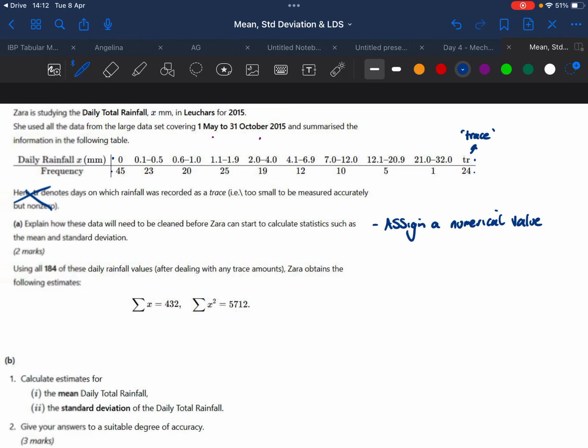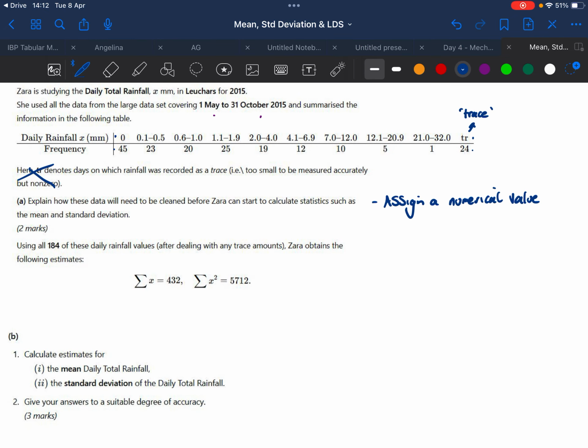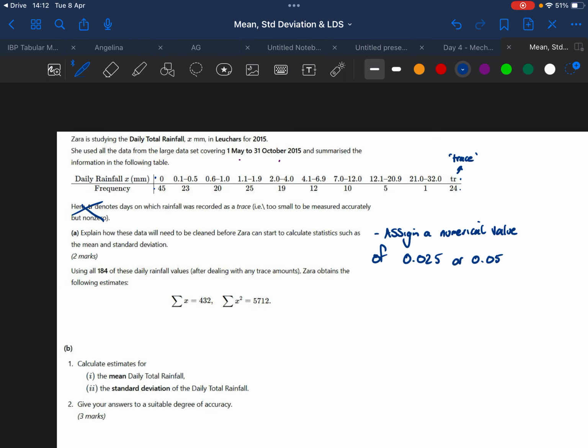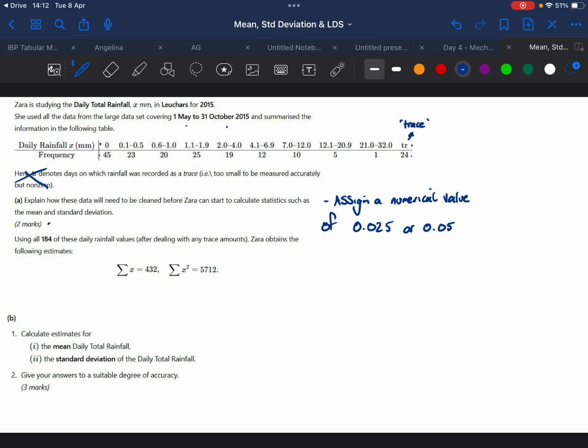The safe answer is to assign a numerical value of 0.025, or you can say 0.05. Both are accepted, and that's actually 2 marks for the first bit.